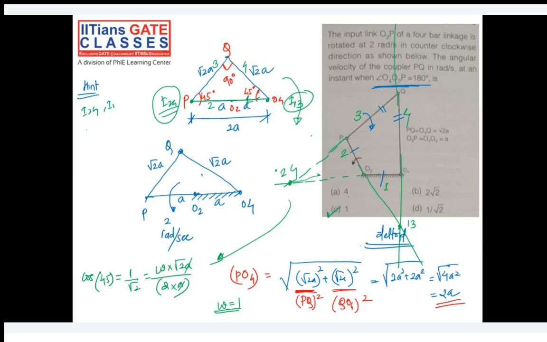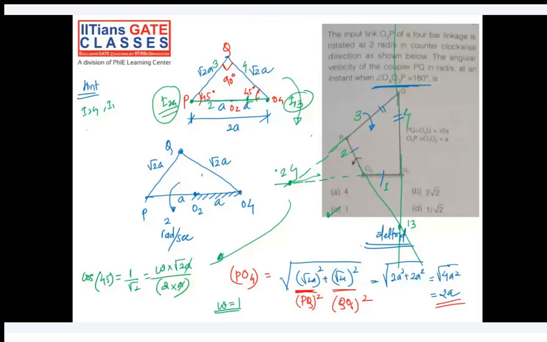So they have given us the angular velocity of link 2, so velocity will be 2 into a.